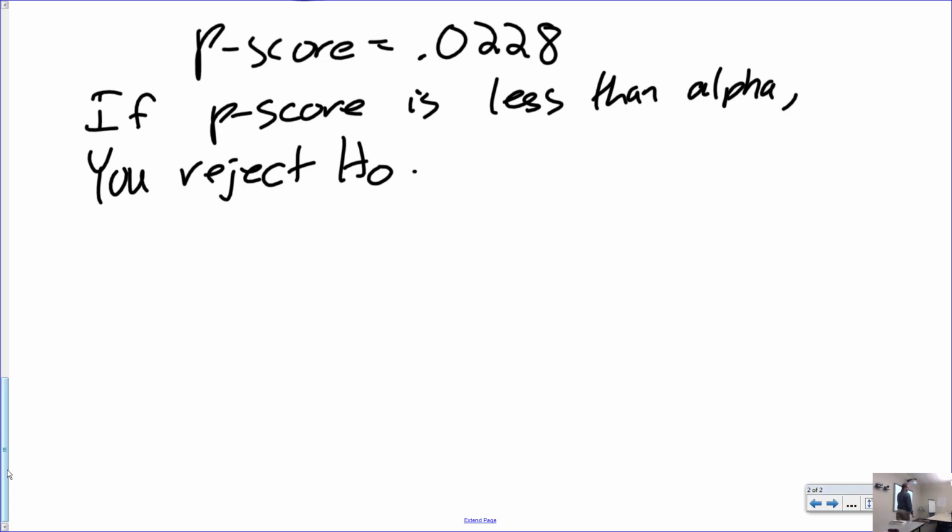It's exactly the same thing as doing if your z-score is greater than your z-critical value. It's the exact same thing. We can reject or we can't? We cannot reject. Oh, sorry, yeah. Oh no, if it's less than, we can reject. Okay. If it's greater than, then we cannot. And since ours is greater than, we cannot reject.